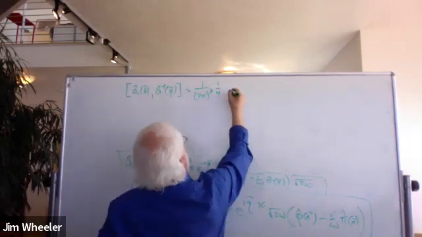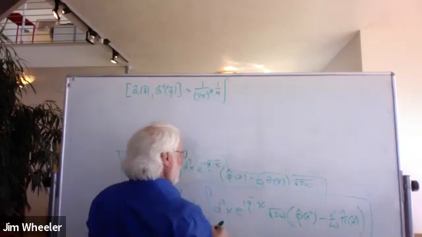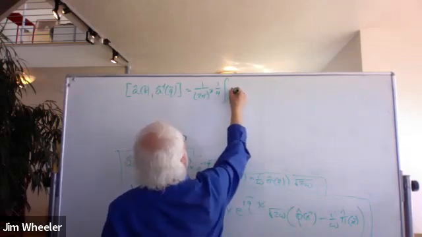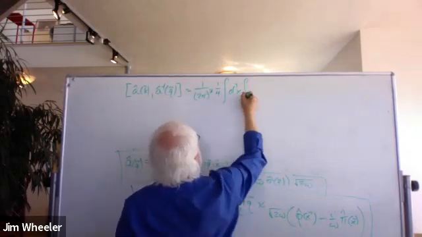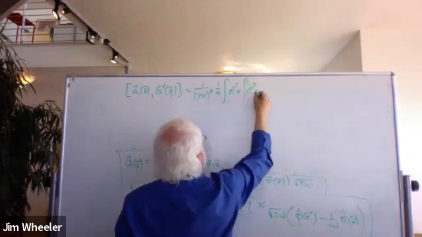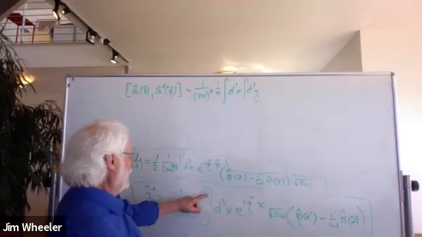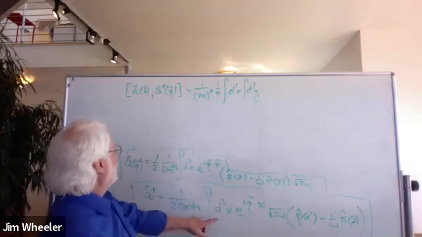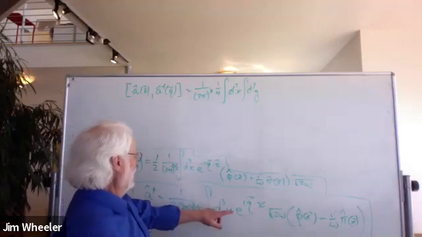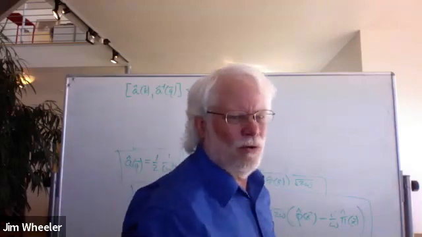And then we're going to have integral d3x, and let's call it d3y. And then we're going to have a commutator of, now let's see. Oh, okay.